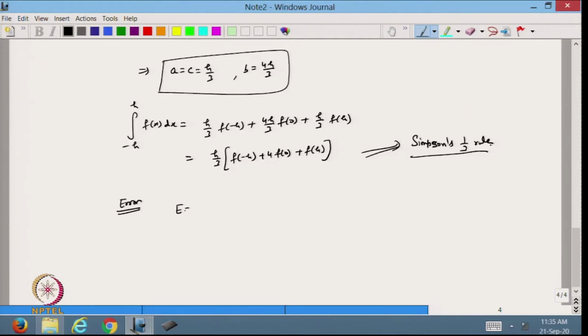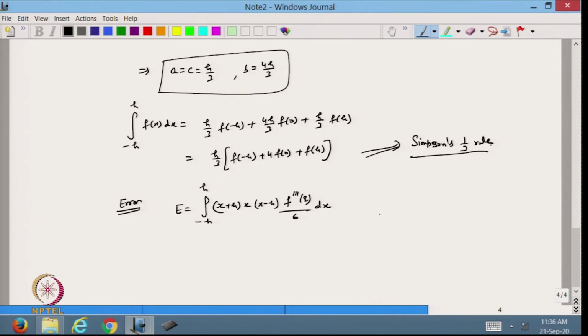So, the error will be from minus h to h, because it is coming similar to the Simpson 1/3 rule. So, I know that the error will be the integral of (x plus h) into x into (x minus h), the third derivative of this one by 3 factorial, that is 6, into dx.